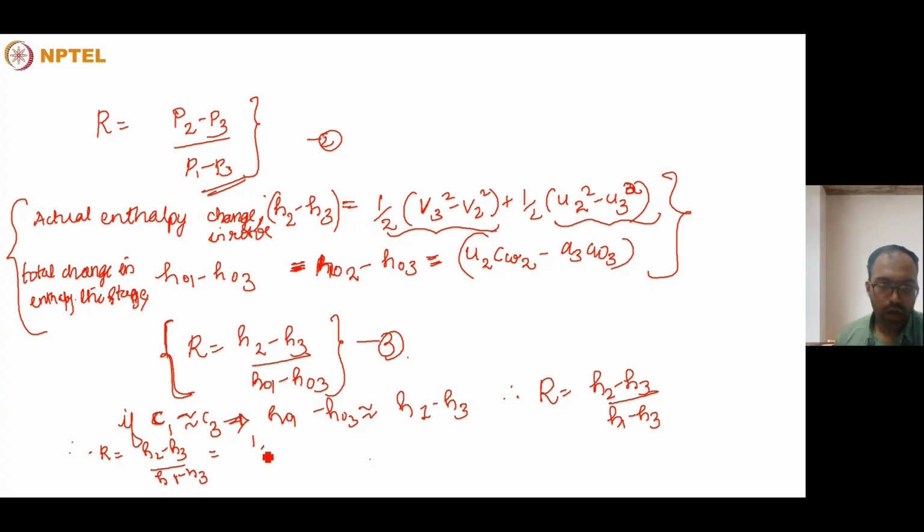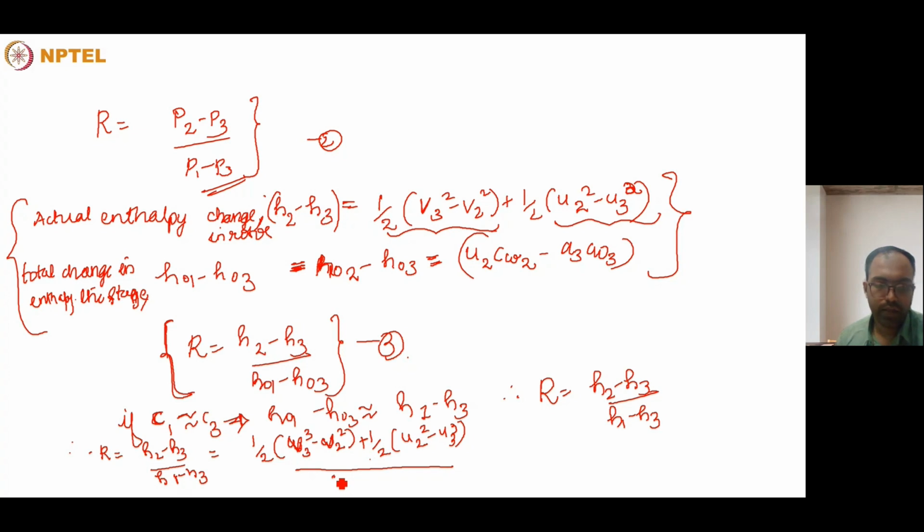equal to relative kinetic energy or relative velocity kinetic energies difference plus the blade velocity kinetic energy difference, divided by the overall work done in the stage, H1 minus H3.